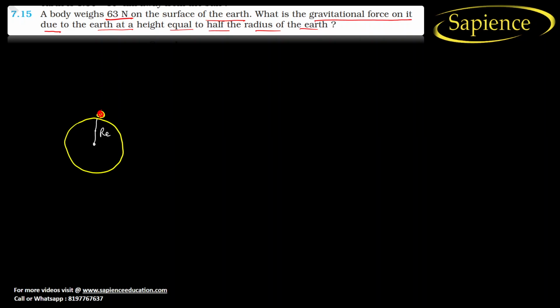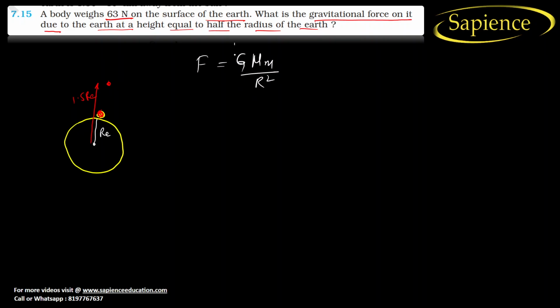Now, in the second case, this object has been put at a distance such that this radius becomes 1.5 RE. So we need to find the force. As we know, force has a formula F is equal to G into M into small m by R square.